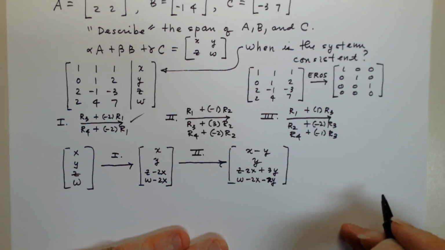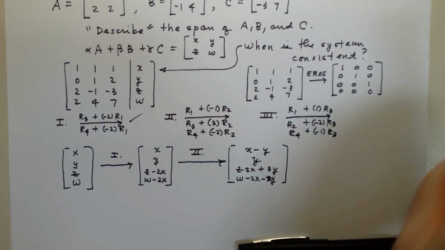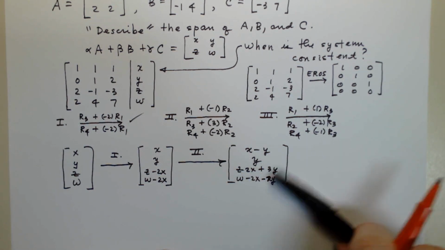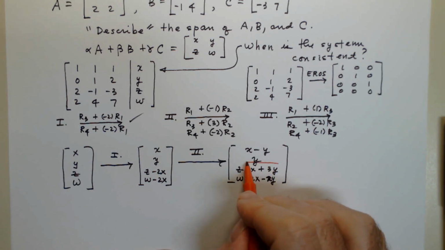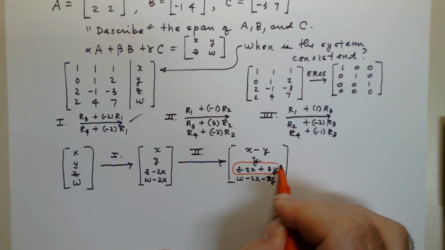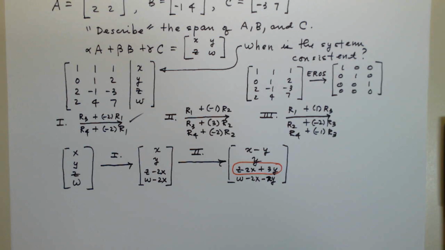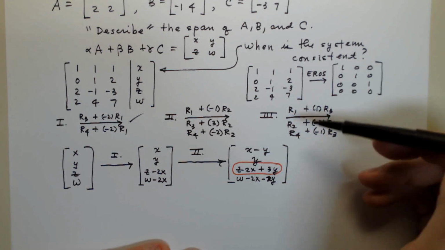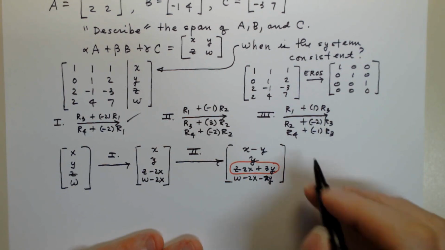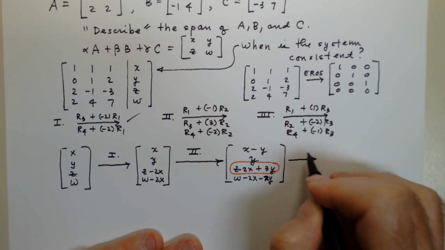Okay. Now, I have to highlight this because this gets a little... In this last step, we're using row 3 to change rows 1, 2, and 4. So let's really be meticulous here.